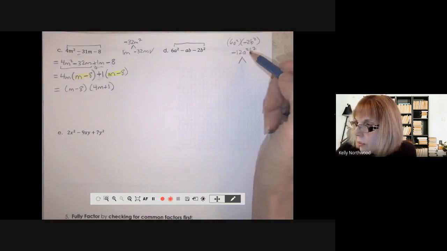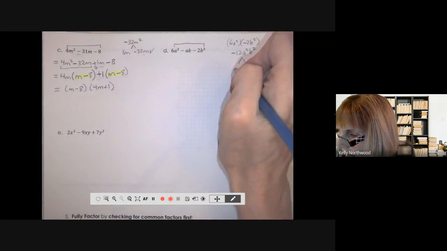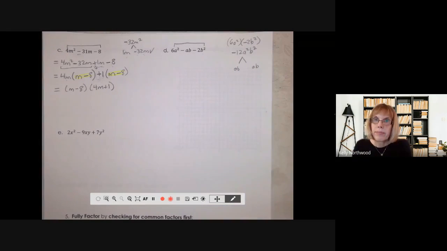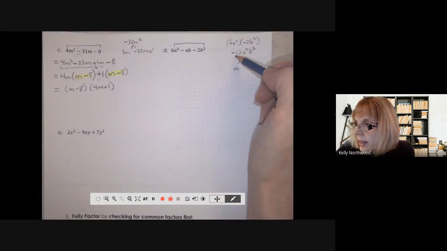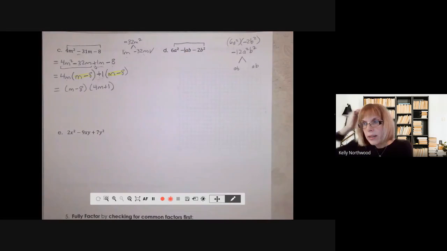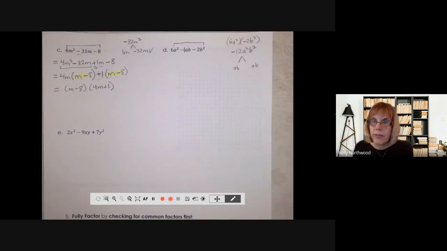So in order to multiply the two terms and get the ending to be a squared b squared, our two terms both have to end in ab. And we're multiplying to get a negative, and we're adding to get a negative 1. When you're multiplying to get a negative, one has to be positive and one's negative. If you're adding to a negative, your bigger one's going to be negative.